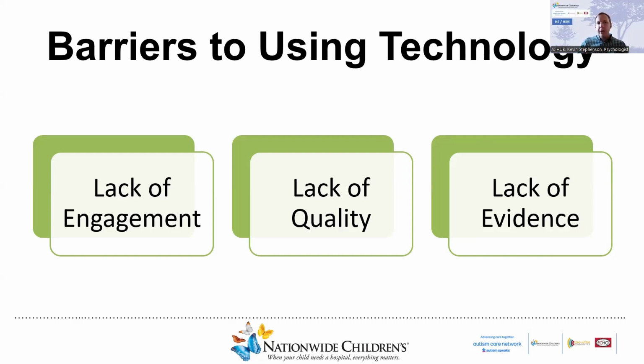And then the last barrier that's really important to consider is the evidence for the app. Whether it's technology or not, we want to find that the things we're using are based on good, solid evidence that they work. Some apps make very strong claims that they will improve your mental functions, raise your IQ, build your brain skills.